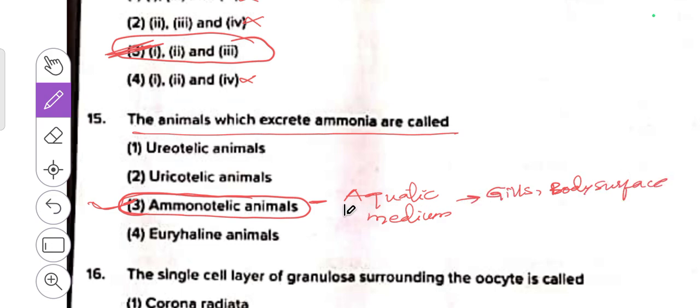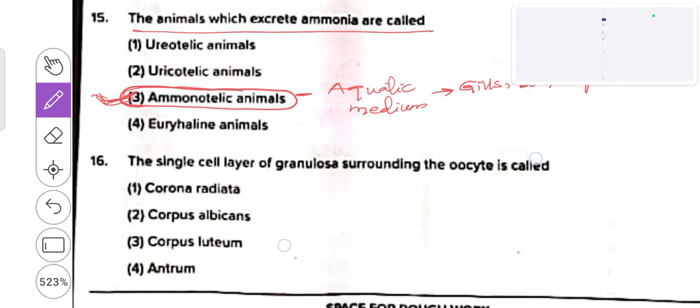These ammonotelic animals will be seen in fishes and some of the protozoans. So ammonotelic animals, 3 is the right answer for this question.